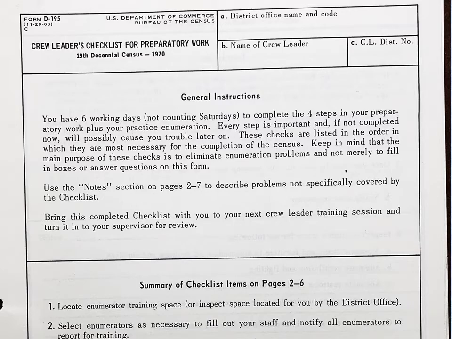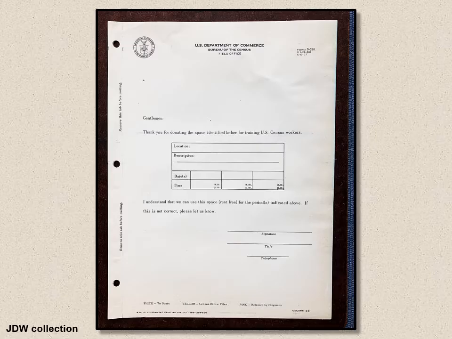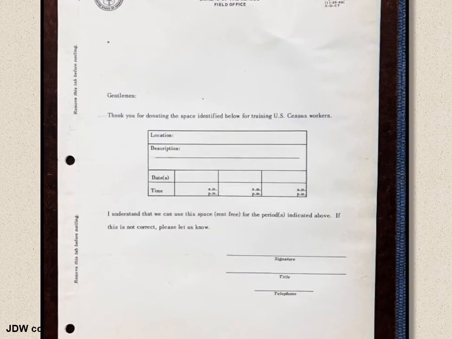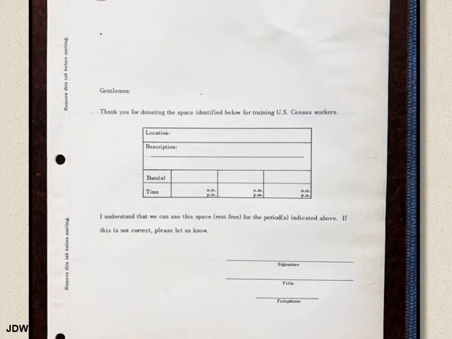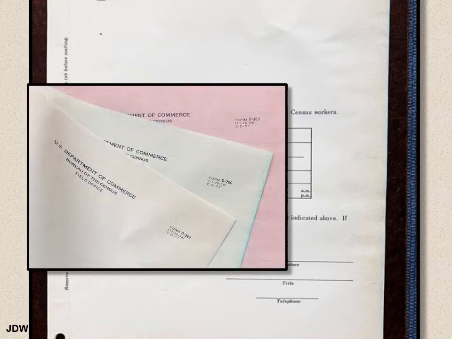And this is D195. And, typical, so there's a form here. I don't see the form number. It's probably, oh, there it is in the upper right. D280. That says, thank you for donating the space. There's a form for everything here. And of course, being a public document, it has 2 copies.